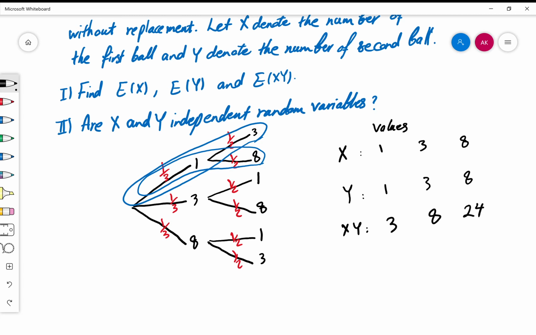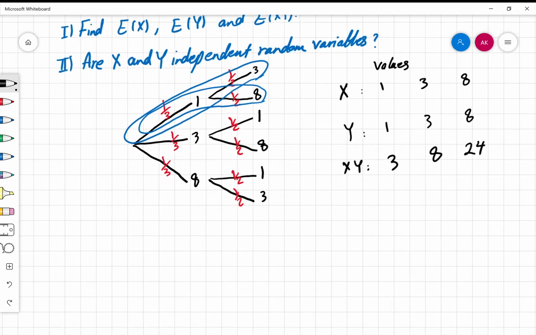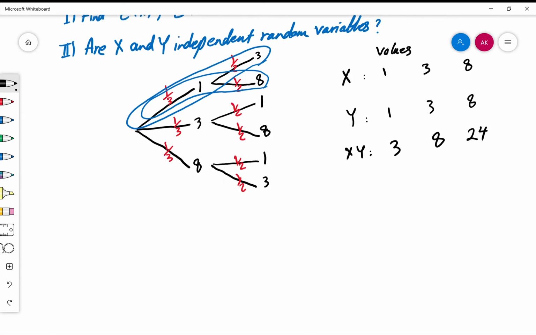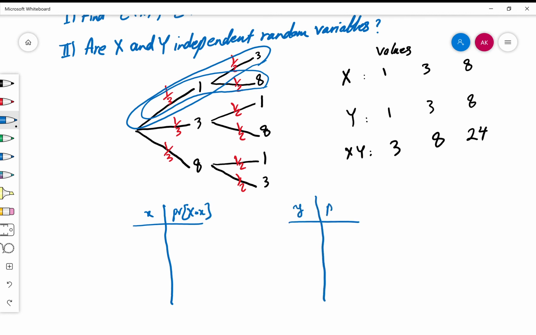Okay, so we need to find the probability of each one of these. So let's draw the probability density table for each one of these. X, then probability of X being equal to x. For the second one, we have y, probability of Y equals y.